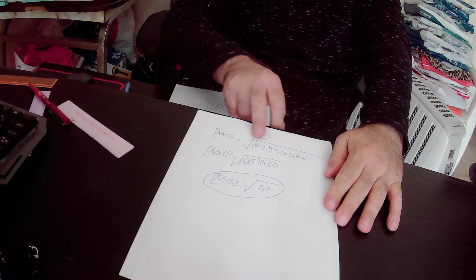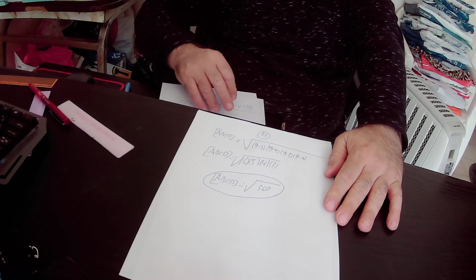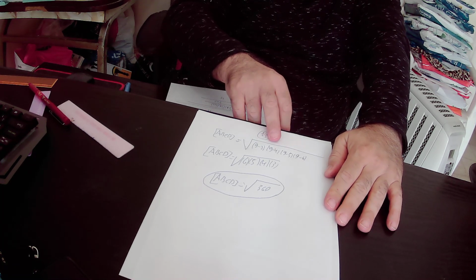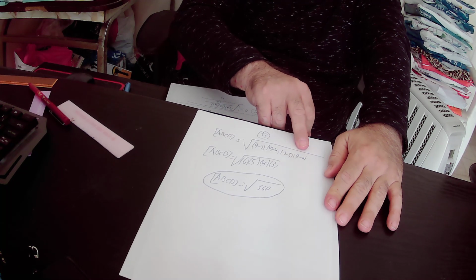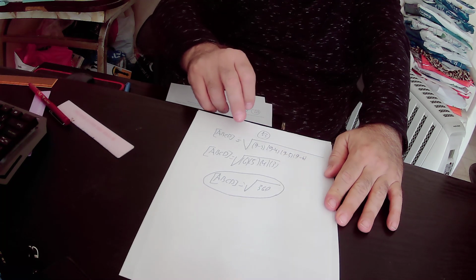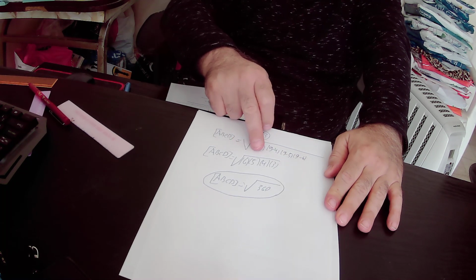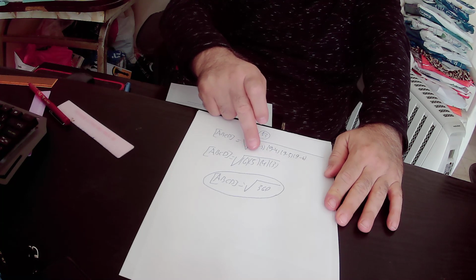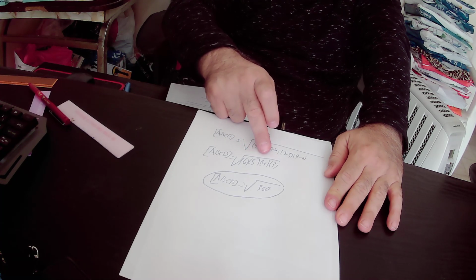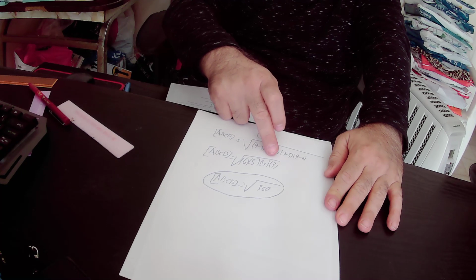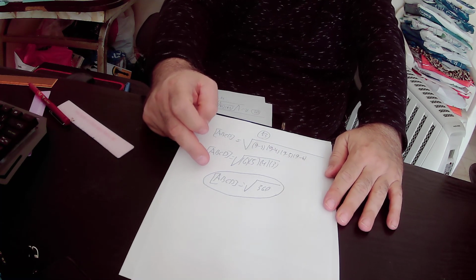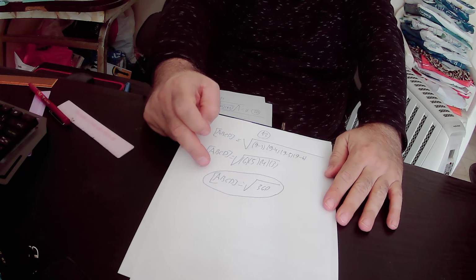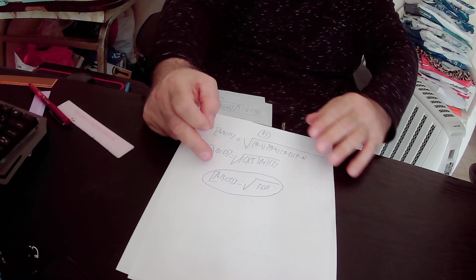So 9 minus 3 is 6, 9 minus 4 is 5, 9 minus 5 is 4, 9 minus 6 is 3. 6 times 5 is 30, 30 times 4 is 120, and 120 times 3 is 360. So we found that the area of quadrilateral ABCD equals the root of 360 square units.